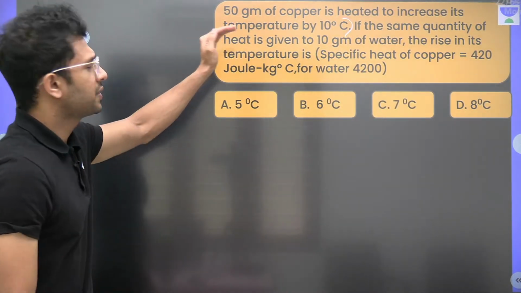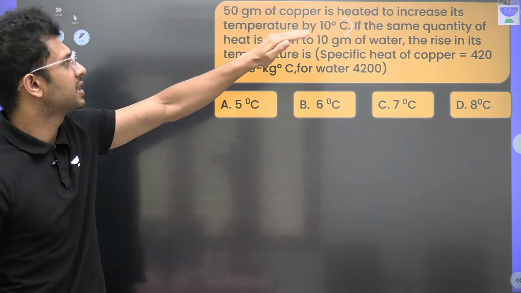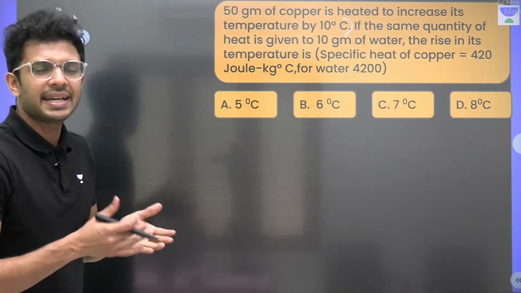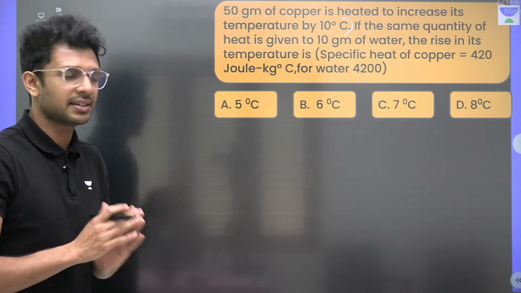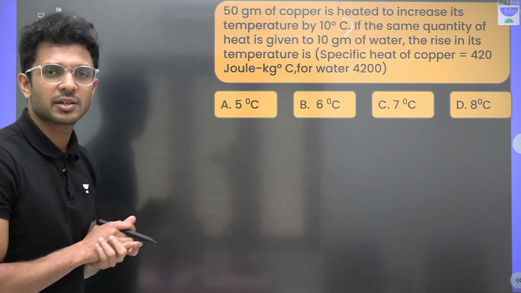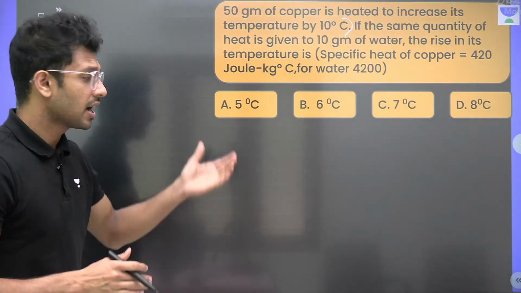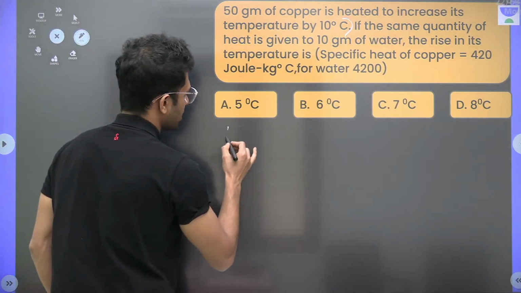It says 50 gram of copper is heated to increase its temperature by 10 degrees Celsius. Copper's temperature is being increased by 10 degrees Celsius. Don't we have to provide some heat energy for it? Yes. How much? Use the formula.